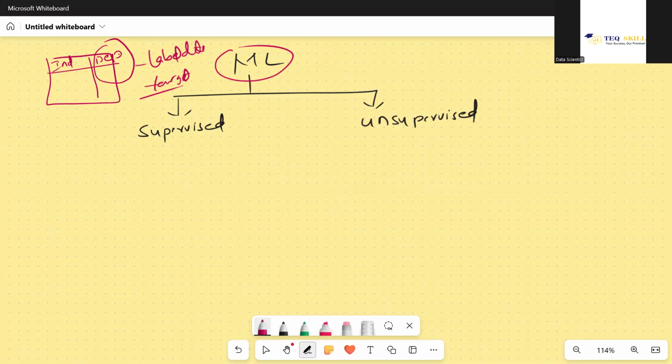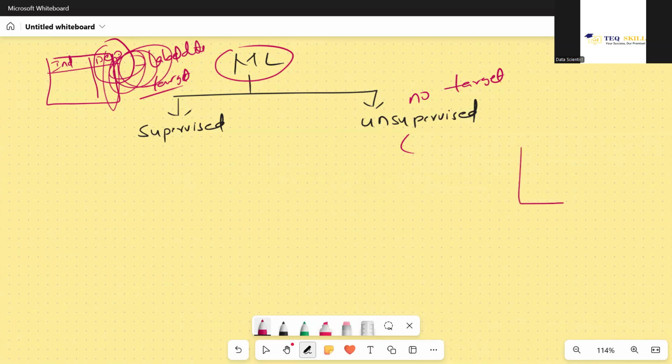If the dependent variable, target variable, or label data does not exist, then we apply unsupervised learning. No target data. We have only data, but there is no target data. The example for that: I give some features, and based upon the features we create clusters.